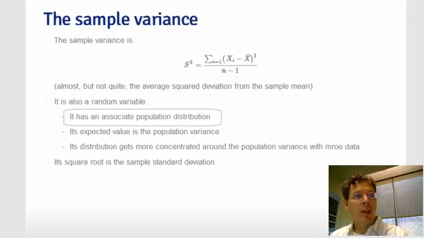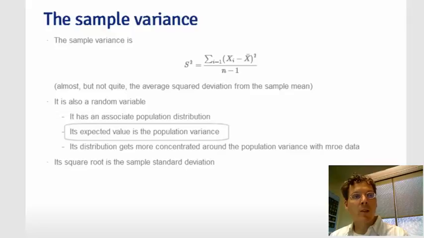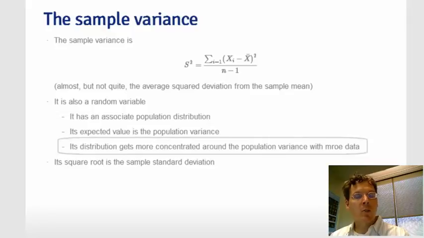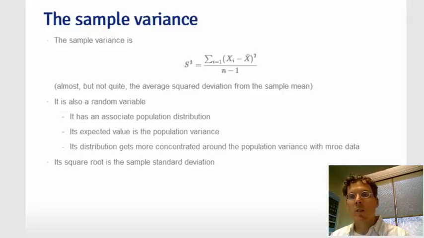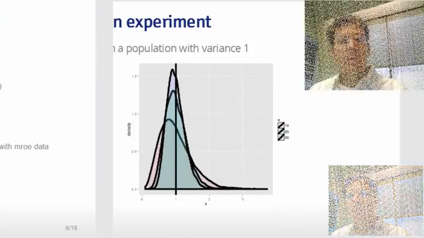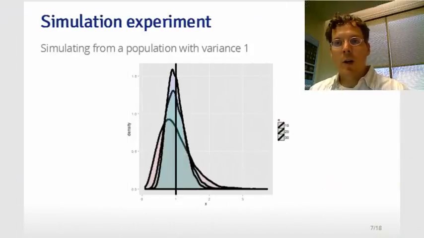That distribution has an expected value, and that expected value is the population variance that the sample variance is trying to estimate. As you collect more and more data, the distribution of the sample variance is going to get more concentrated around the population variance it's trying to estimate. And I also simply want to remind you that the square root of the sample variance is the sample standard deviation. Imagine if I were to do the following.